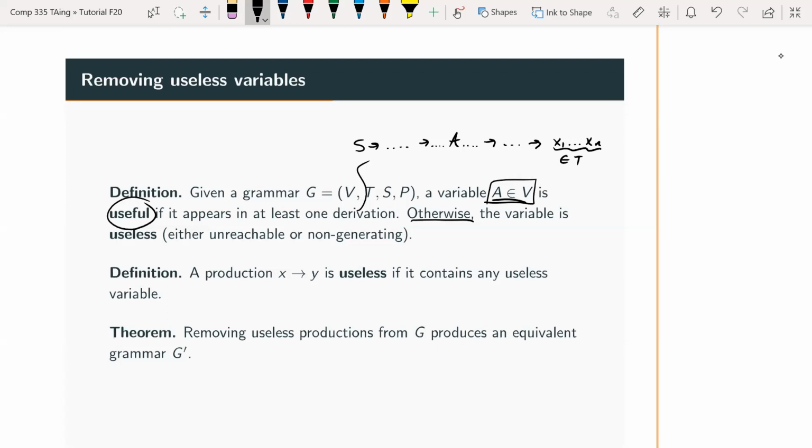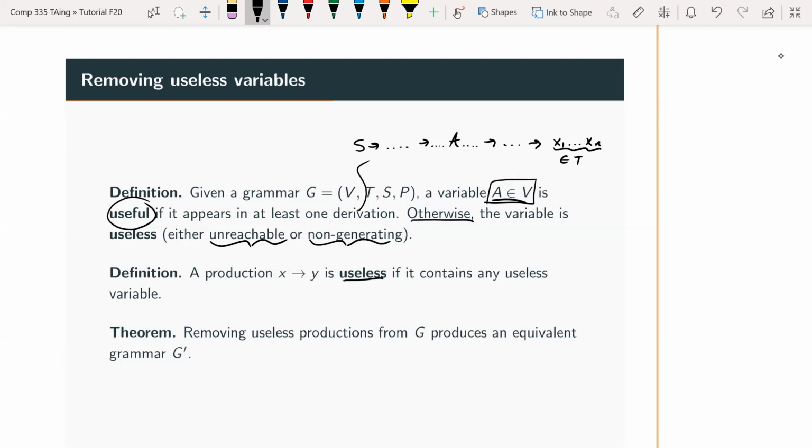So in other words, how can a variable be useless? Well, either it can never produce a terminal string, so it's non-generating, or it cannot be reached starting from S, so it's unreachable. And if we want to generalize this to a production rule X gives you Y, it is useless if it contains any useless variables either on the left or on the right.